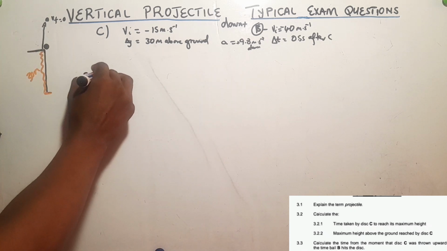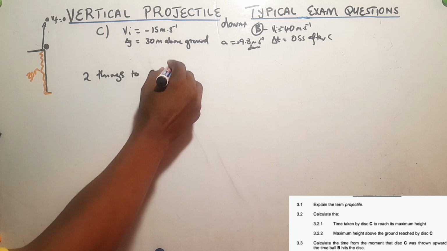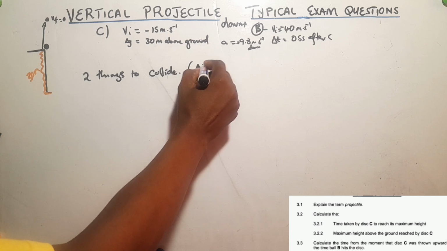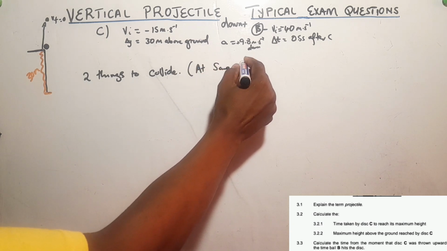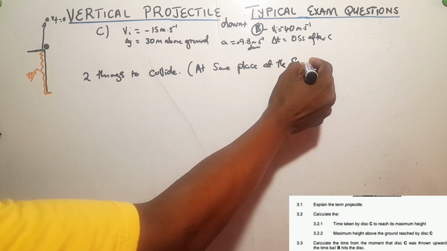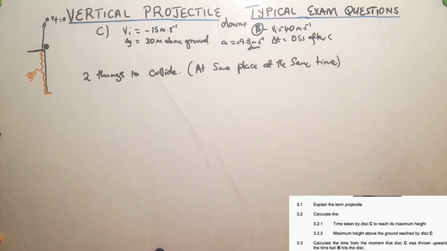For two things to collide, they must reach the same place at the same time.